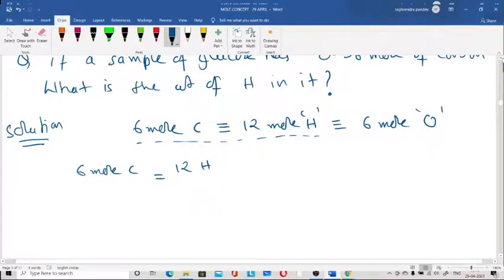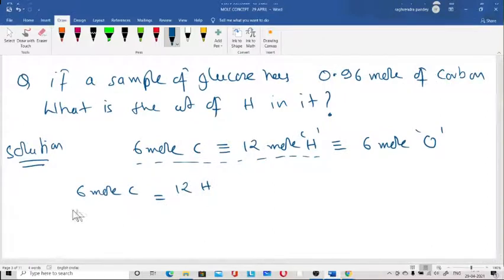So how much do we have? 0.96 moles of carbon. So it will have X mole of hydrogen. So what will be the X? 12 into 0.96 divided by 6. So that is your X mole of hydrogen.